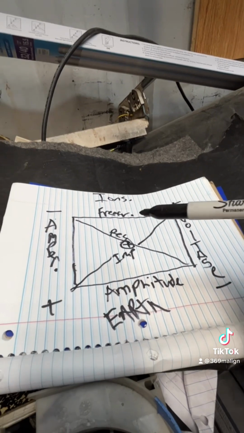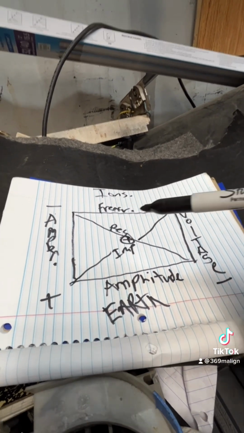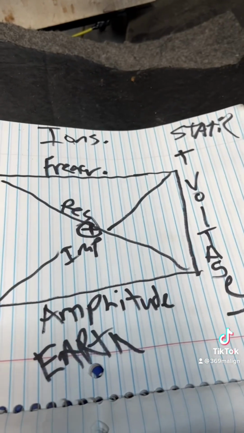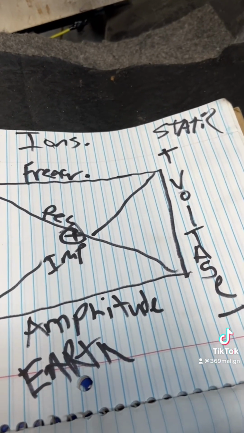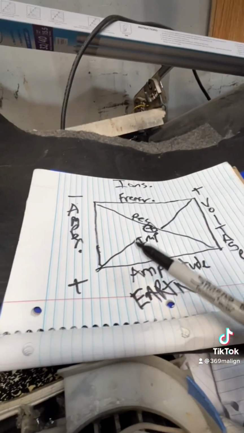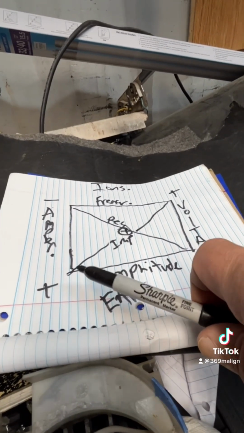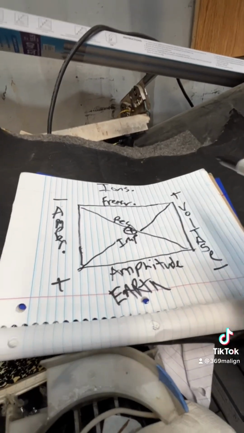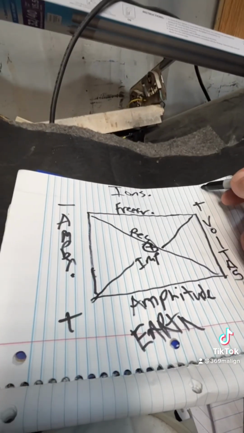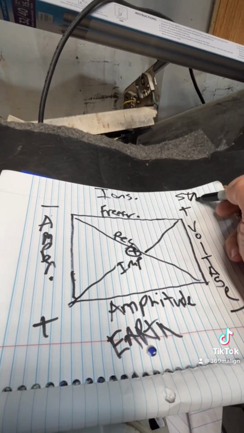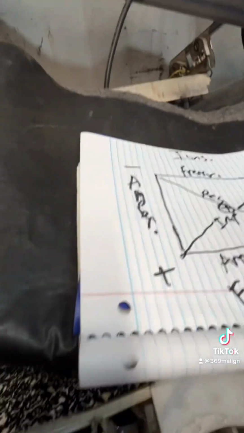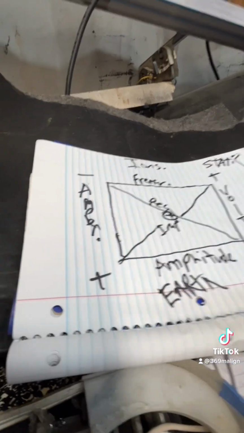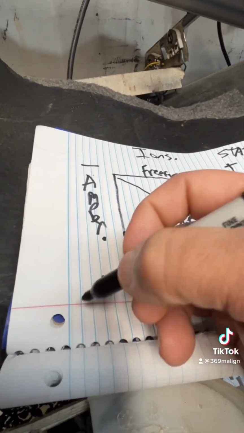And at the ionosphere level, you would have more frequency and more voltage, which as it turns out is a more static electricity. That's why as you go into the ionosphere, you can collect static electricity. So this would be the static end. And as you get closer to the Earth, it's where you have a more magnetic energy.